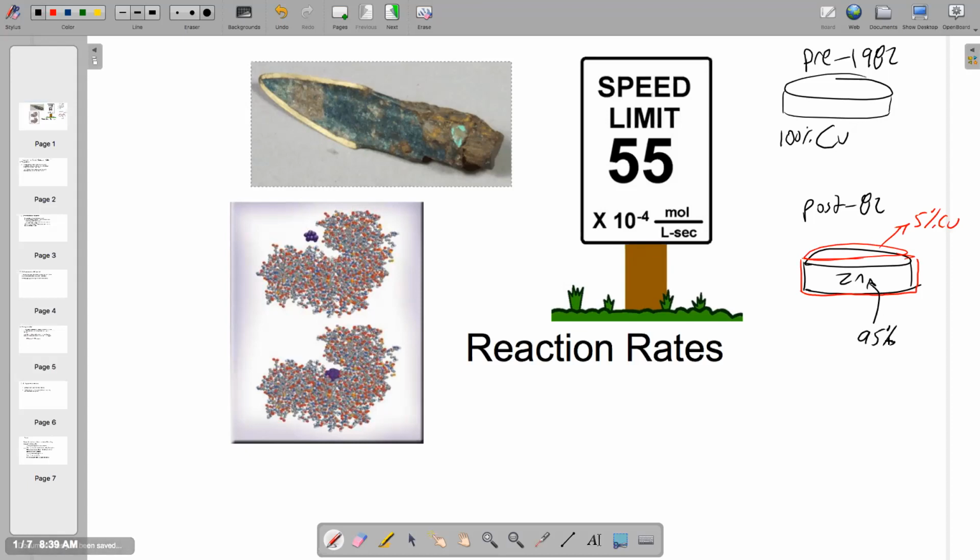If you take a saw and saw a penny in half, it's mostly zinc with thin copper on the outside. It's kind of like when you ice a cake. It's mostly cake with a little bit of icing. When you look at the cake from the outside, you can't tell if it's vanilla or chocolate until you slice into it, because all you see is the icing. But no matter what, if it's an old penny or a new penny, the outside is pure copper.